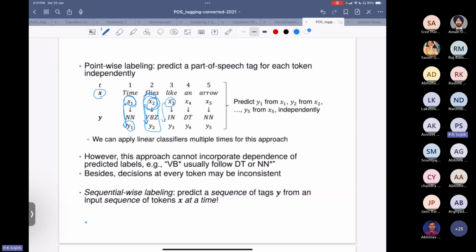Most of them generally consider noun, NN, verb, VB, etc. In some conventions you may have more fine-grained categorization of noun or verb. So many times all these major noun, verb tags are common across different conventions.